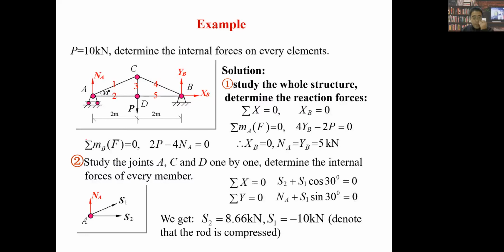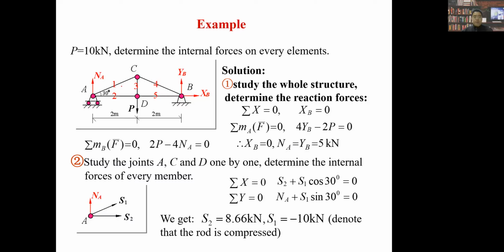So let's see the first joint, or first knot, A. Because we have NA, its value will be half P, which is 5 kilonewtons here, right? So we will treat all the members as stretched at both ends.